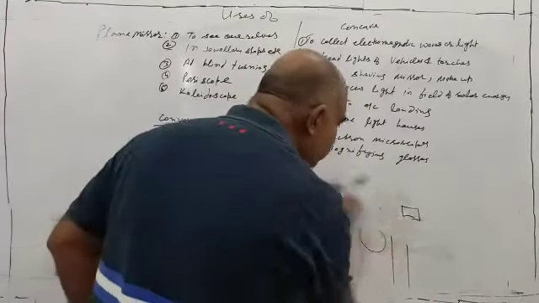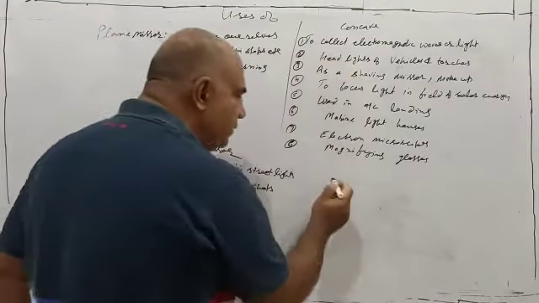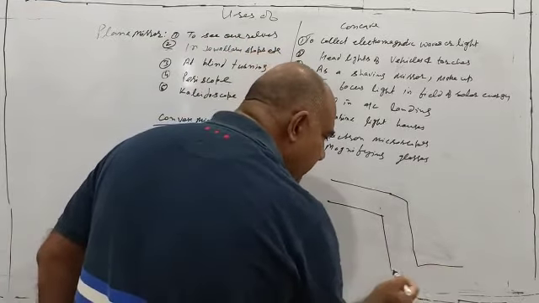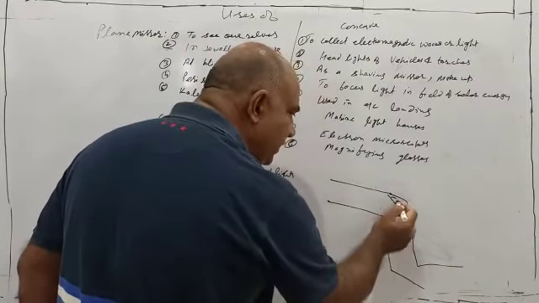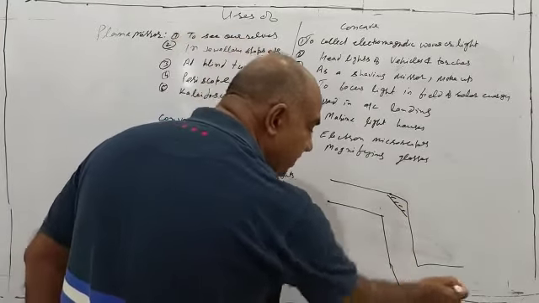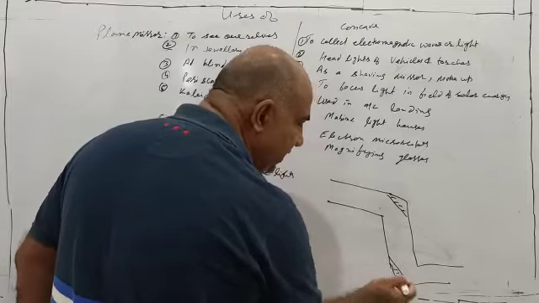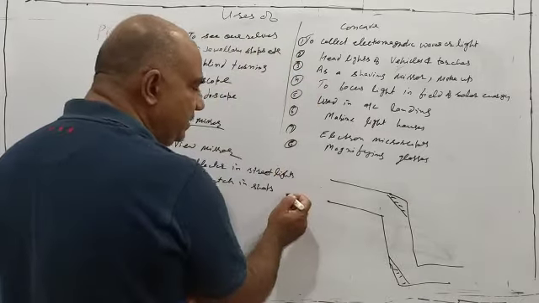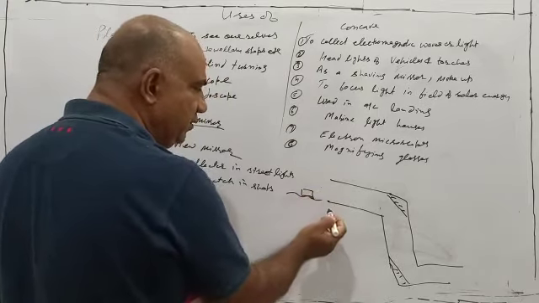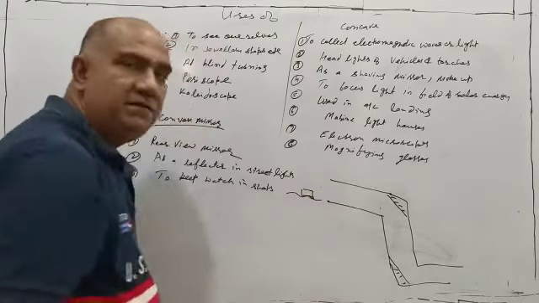Then, what is used in a periscope? See, a periscope is something like this, and we put a mirror here at a 45-degree angle. Sometimes this is asked in questions. Another mirror here at 45 degrees, and say this is the sea surface. A ship is sailing on this, and you want to have a view of the ship.